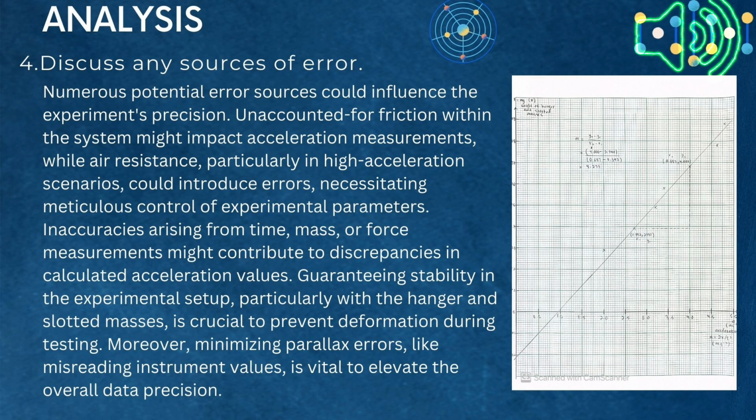Inaccuracies arising from time, mass, or force measurements might contribute to discrepancies in calculated acceleration values. Guaranteeing stability in the experimental setup, particularly with the hanger and slotted masses, is crucial to prevent deformation during testing. Moreover, minimizing parallax errors, like misreading instrument values, is vital to elevate the overall data precision.